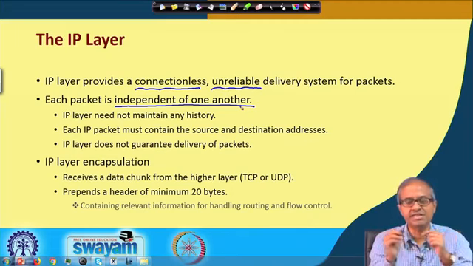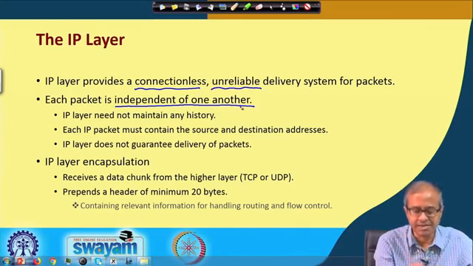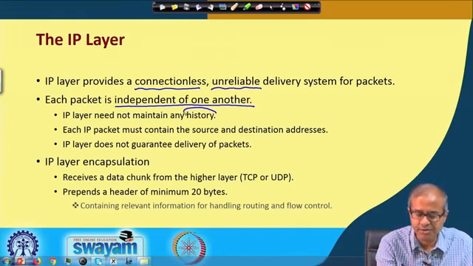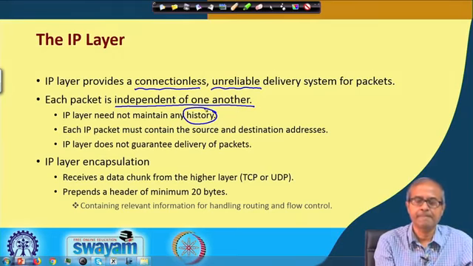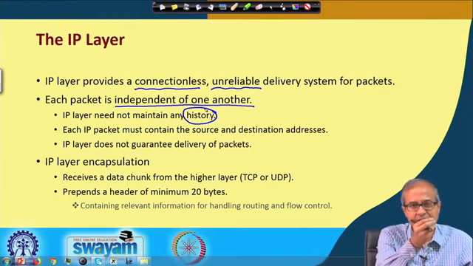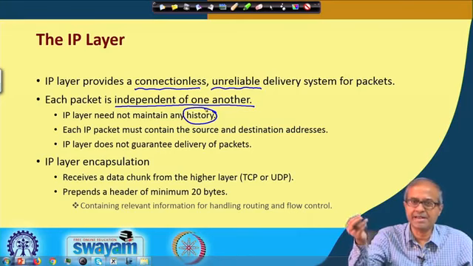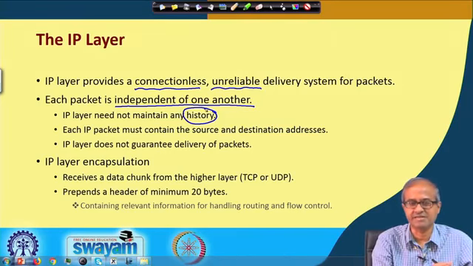There is no relationship between successive packets. So, in that sense the IP layer does not maintain, or need not maintain, any kind of history, and it must be provided with sufficient information so that it can forward the packet correctly to the final destination.